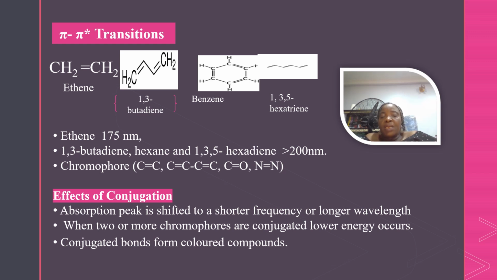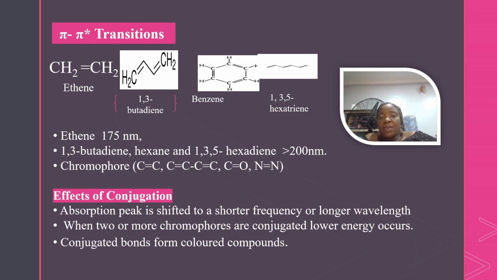Ethene absorbs at 175 nanometers. 1,3-butadiene and 1,3,5-hexatriene show color in the visible region, greater than 200 nanometers. They act as what we call chromophores, responsible for the UV-visible absorption of the molecule.